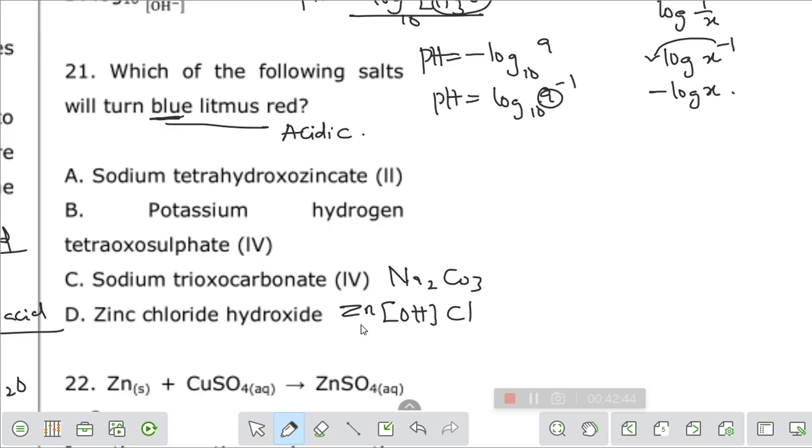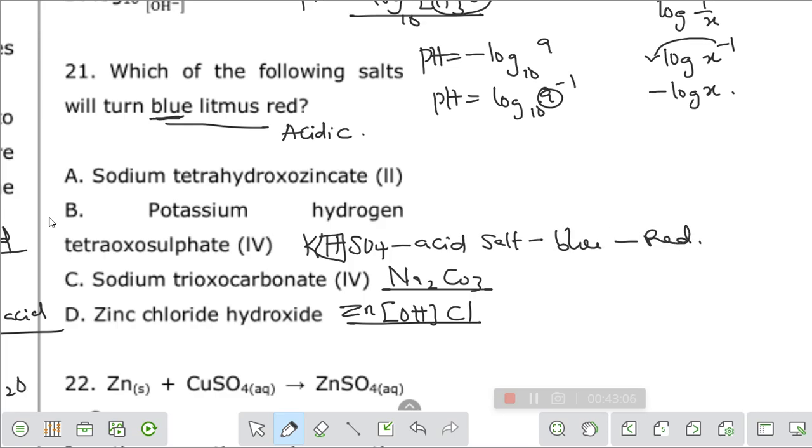So this one also will be basic to litmus paper. This one will also be basic to litmus. But look at this, potassium hydrogen tetraoxosulfate(VI). This is an acid salt. When I told you that acid salts behave as acid, it means it's going to change blue litmus paper to red. So that's the answer.